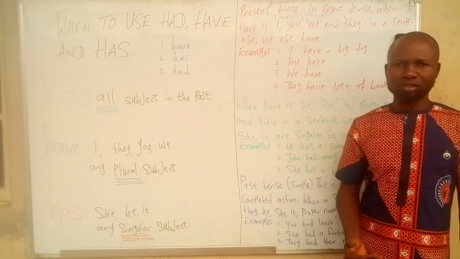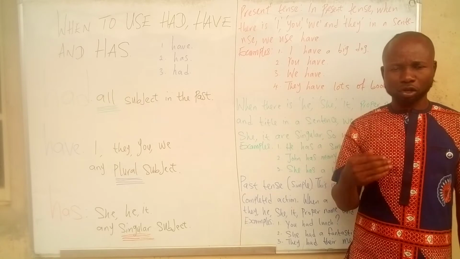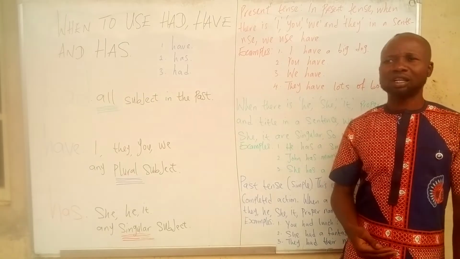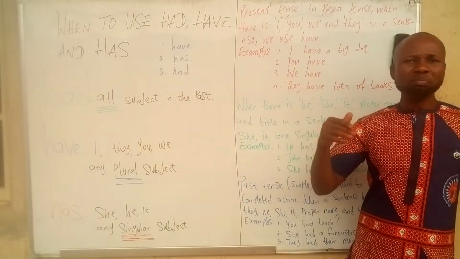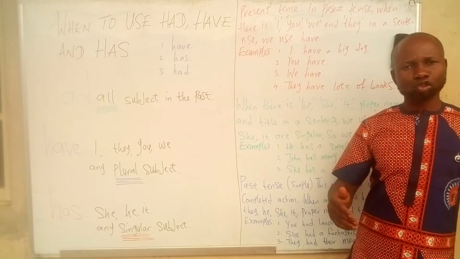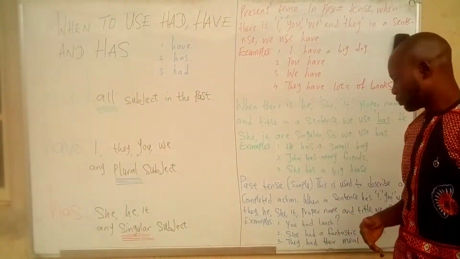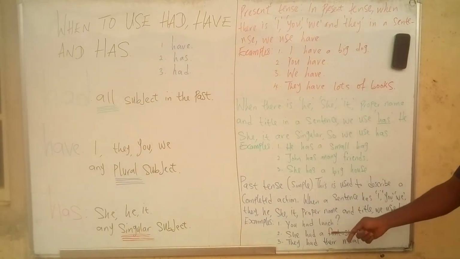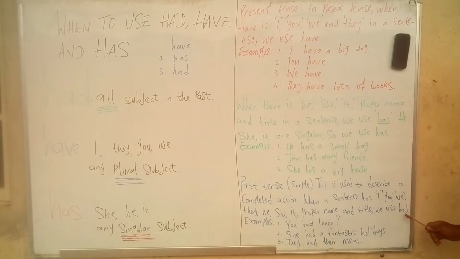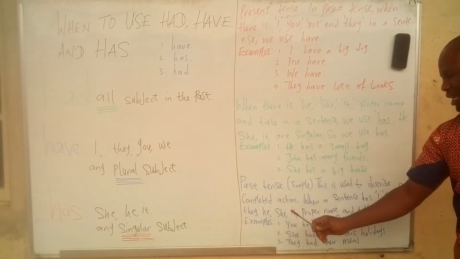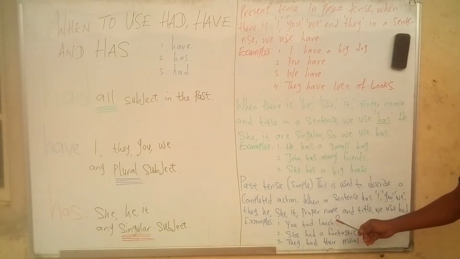Example, pastor, imam, doctor, bishop, and minister, and so on. That is what we call title. Now, let's complete this. Therefore, it's a proper name and title. We use had. We use what? Had. We use had.